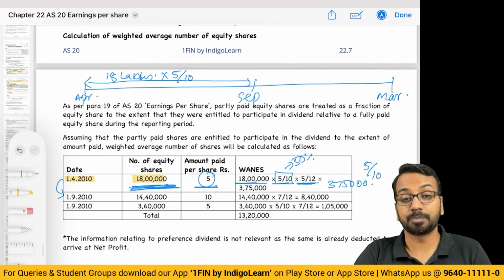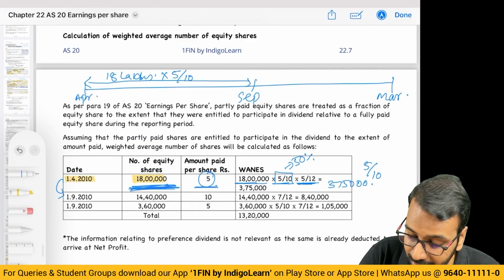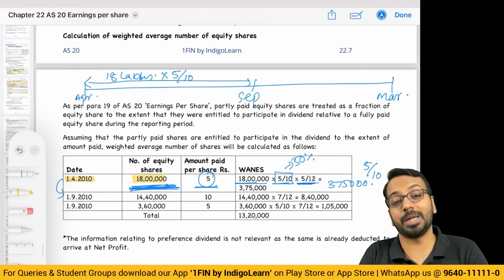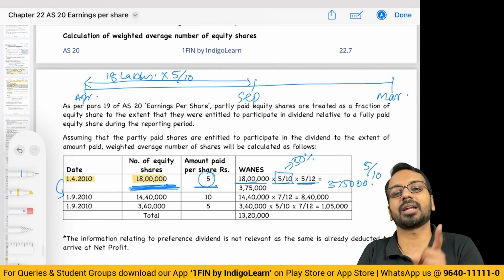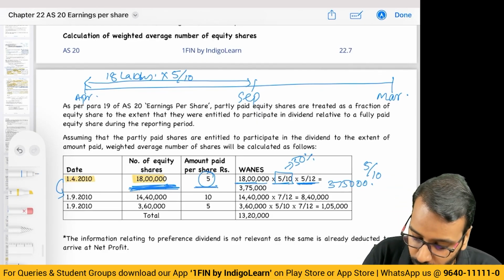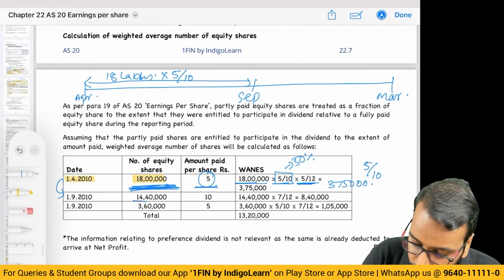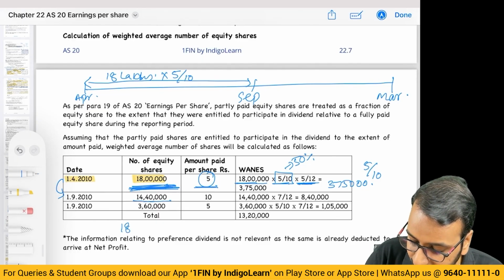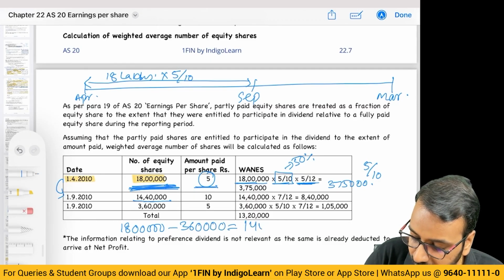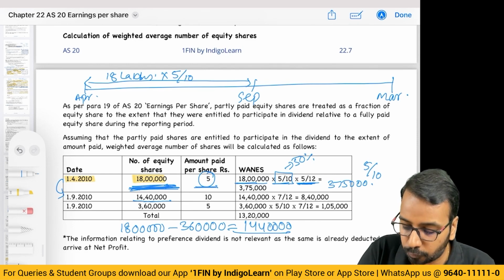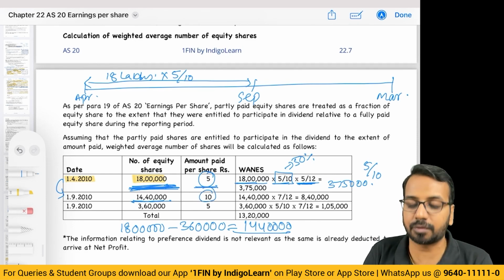Right? Then, what happened? On the same 18 lakh shares, we got 5 more rupees. But we did not get from everyone. We got from only how much? We got from 14 lakh 40,000, basically 18 lakhs minus 3 lakhs 60,000. This is the money we have received. So 14 lakh 40,000 paid us the full amount of 10.